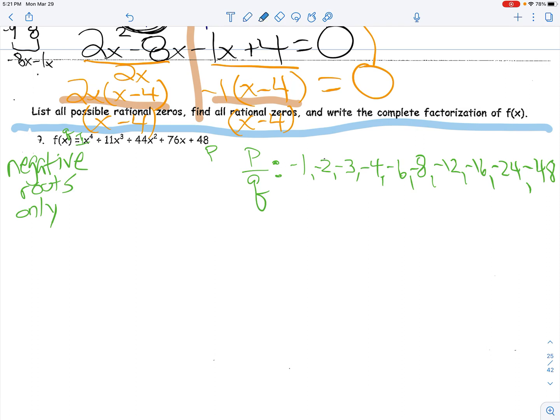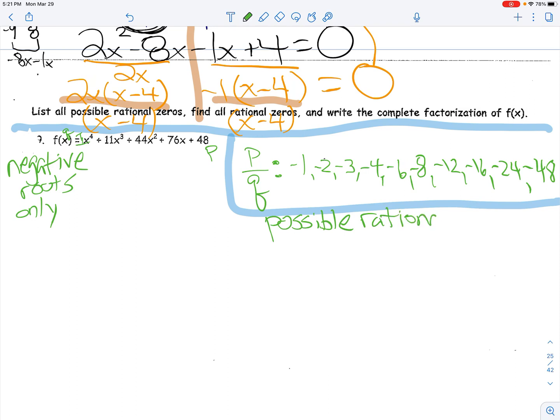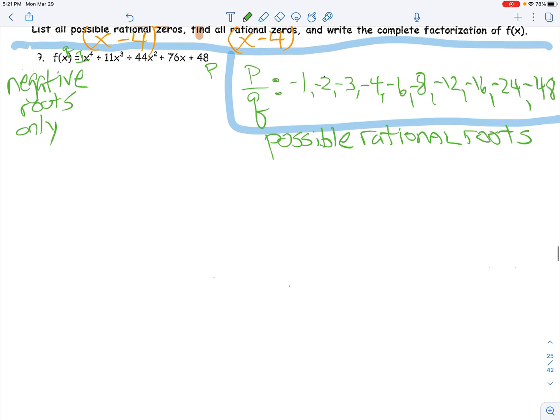Alright, these are your possible rational roots. Alright, now we go and find them, people. Let's go find these rational roots now.